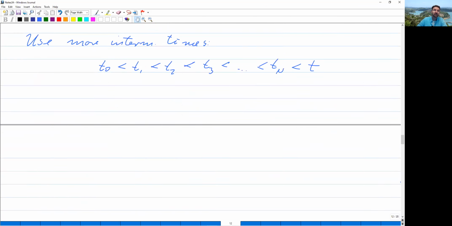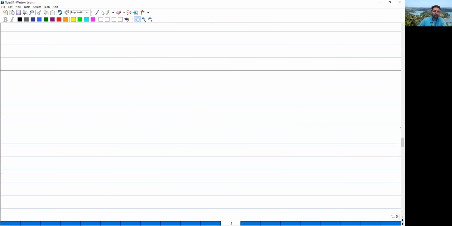So that becomes initially a rather complicated formula, but I will show you in a moment what it is and why it's useful.